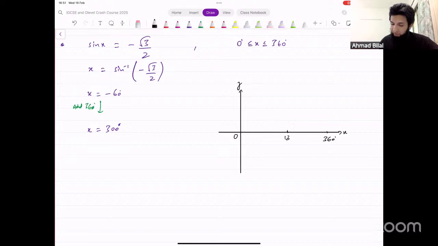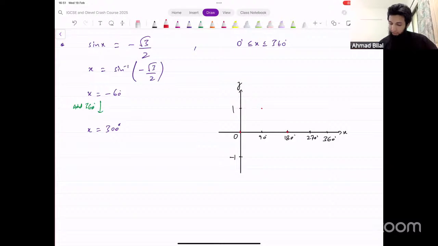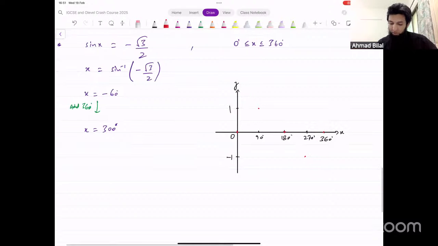In the middle, we have 180, we have 90 here, and then we have 270 here. It goes from minus 1 to 1. Now the sine graph starts from 0, goes to 1, back to 0, and then minus 1, and then 0 again. So the graph is going to look like this. This is the shape of the sine graph.